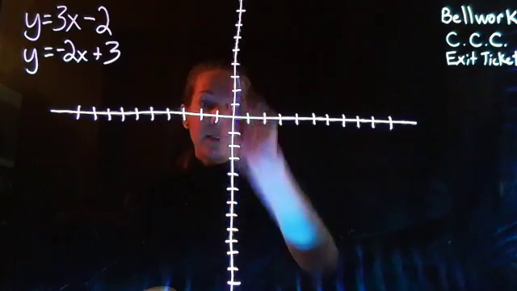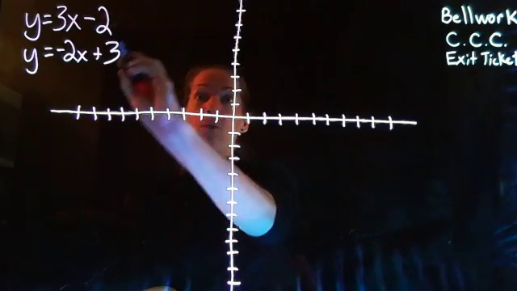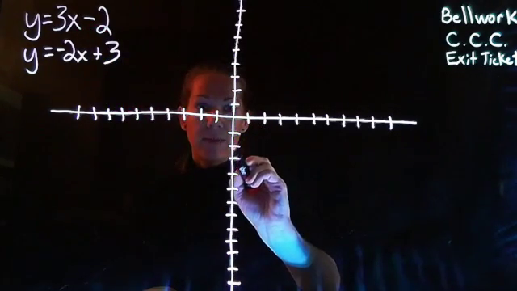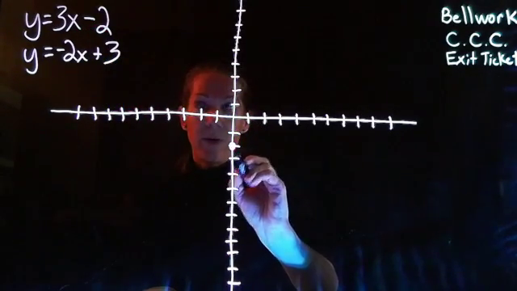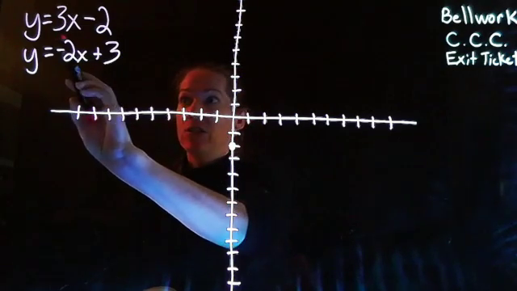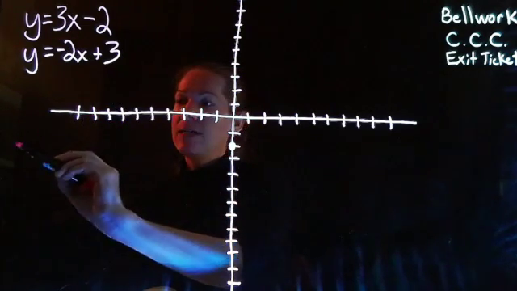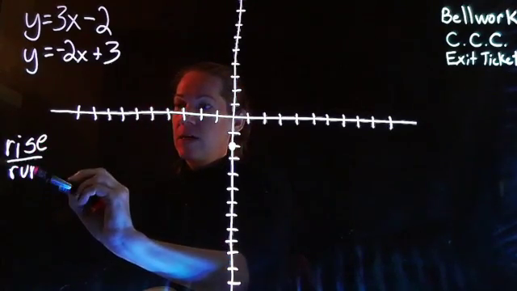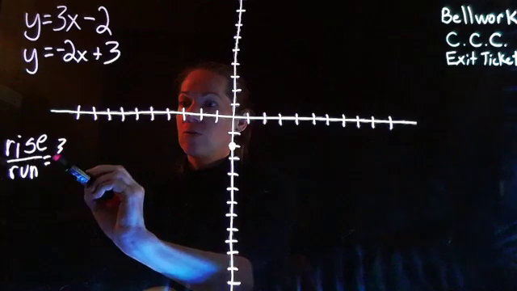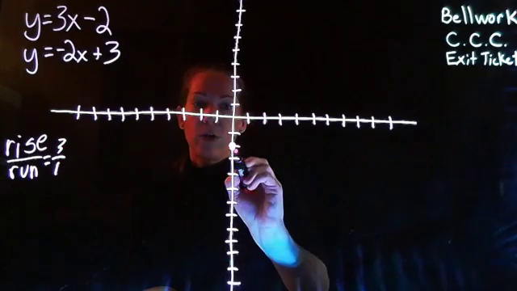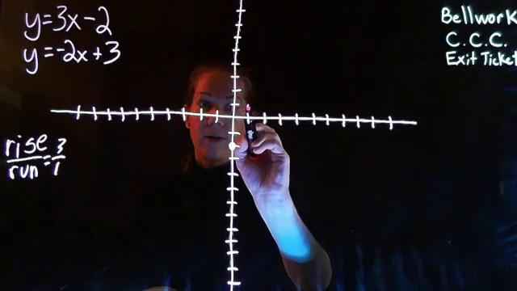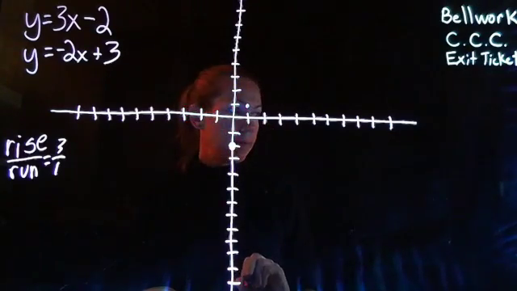To graph these, I always look at the y-intercepts first. So let's graph the first one. It's negative 2, so I come down to negative 2 and put my point. Now we have a slope of 3. Remember, rise over run is the slope, so that's 3 over 1. So we're going to rise 3, 1, 2, 3, and run 1. So our next point is going to be right there.